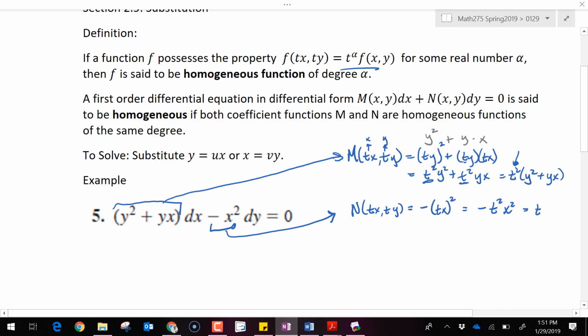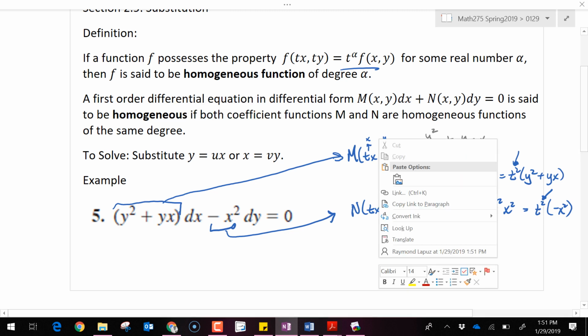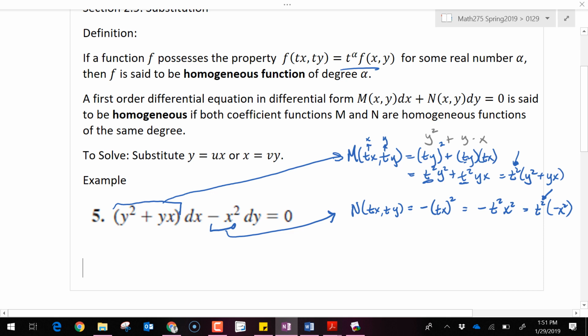Or more precisely, if I take it out, I can clearly see that this is t squared times my original function, N. So I have the same power, so this is homogeneous of the same degree. So, okay, then I can use a substitution.